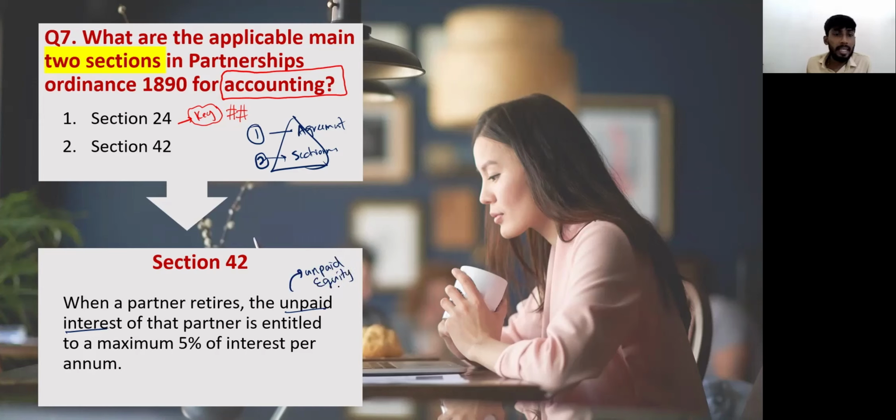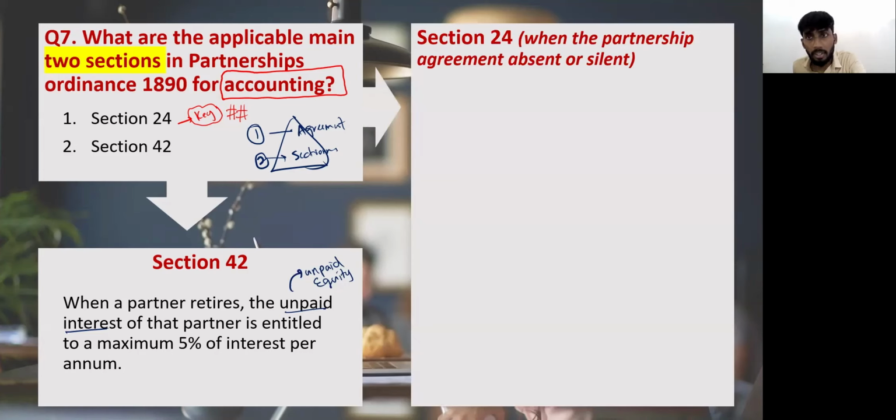This unpaid equity of that partner is entitled to a maximum of 5% interest per annum. But keep in mind, in case the partnership agreement says otherwise, then we need to give priority to the partnership agreement. Now we are moving to section 24. Usually both these sections come into play when the partnership agreement is not there, or if the partnership agreement is silent on the provisions.